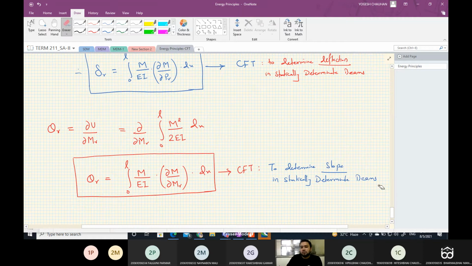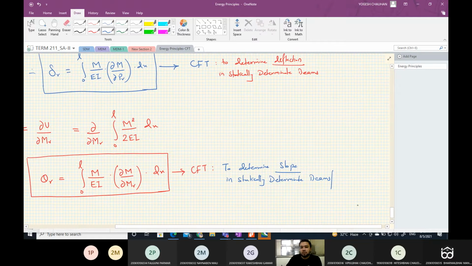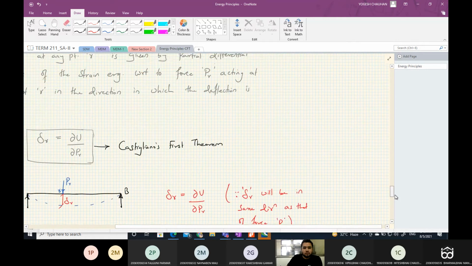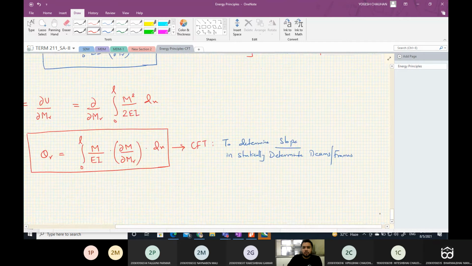Both are applicable to both beams and frames.